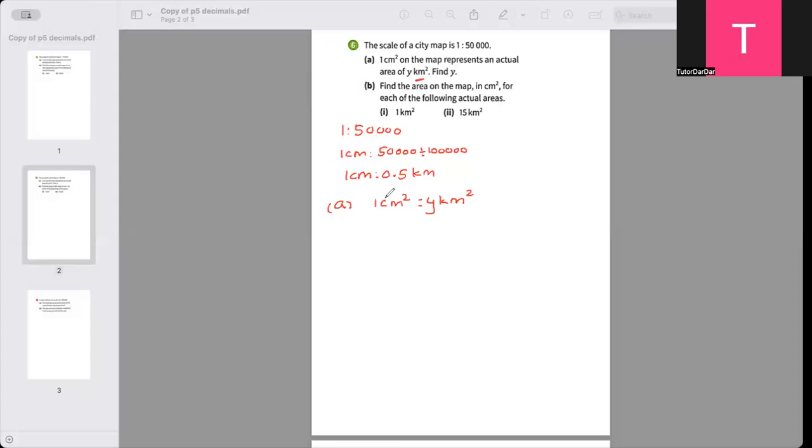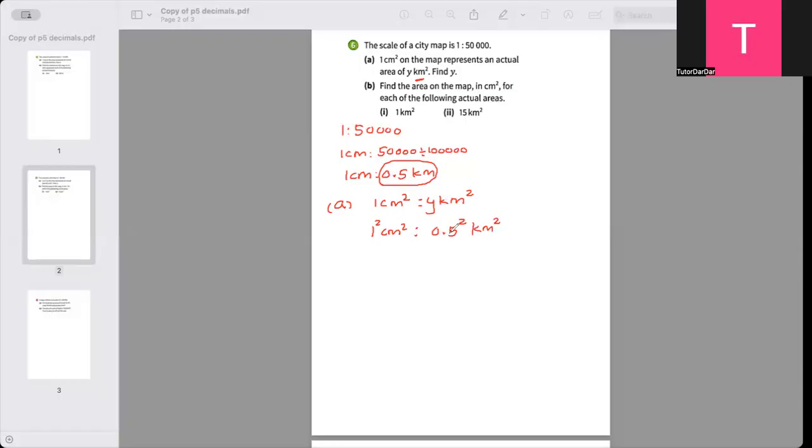When you know this is square, what you have to do is 1 cm square is to y km square, right? So this y is going to be this kilometer, the whole thing square. So that means 0.5 km square.